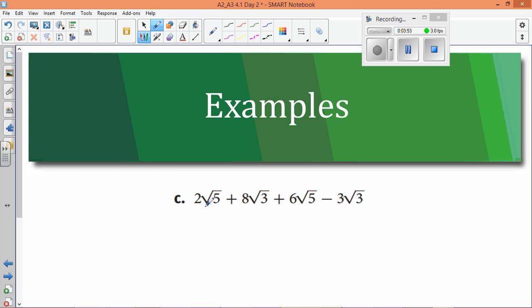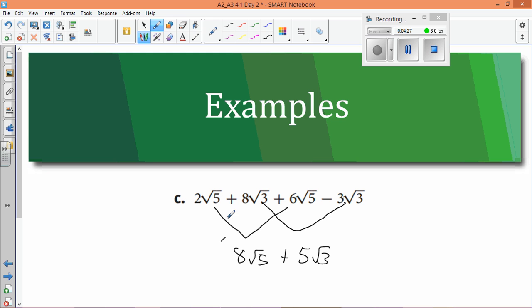So let's take a look at this example. Now we have multiple terms, but note that the radicands of root 5 and root 5 over here, root 3 and root 3, the first and third terms can be added, and the second and fourth terms can be added, or in this case subtracted, but they can't be combined together. If I add the root 5s together, I get 8 root 5. And then I add the root 3s together, 8 subtract 3 is plus 5 root 3.